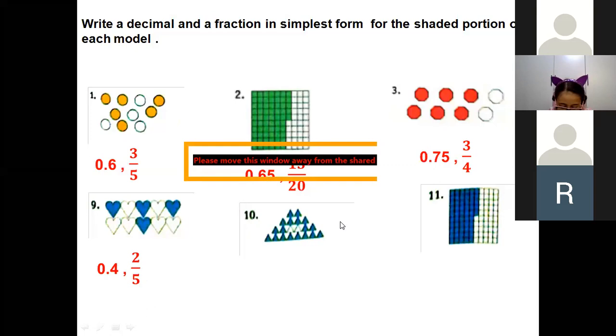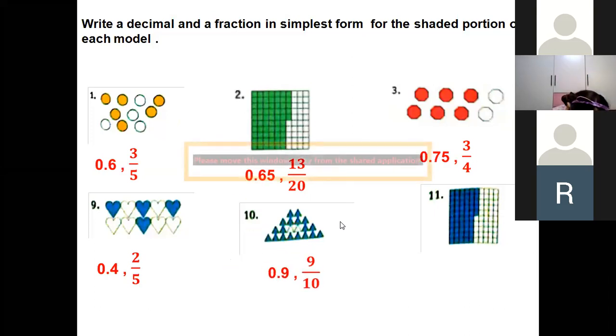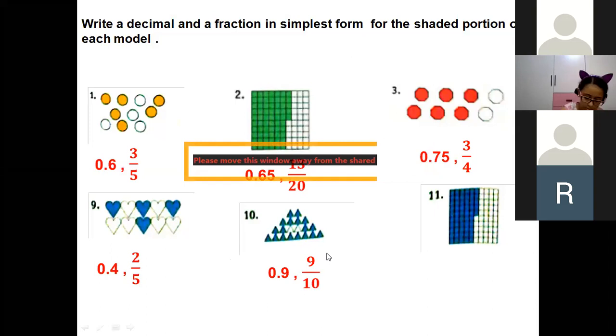I know how to simplify it, but memorizing the factors of them. Now 18/20, what can you divide 18 by? 20 by? 2. Excellent. So 18 divided by 2 is 9, and 20 divided by 2 is 10. 9/10 is the simplest form already.